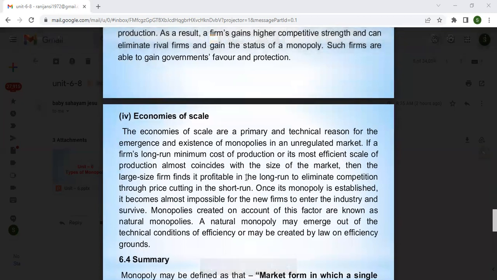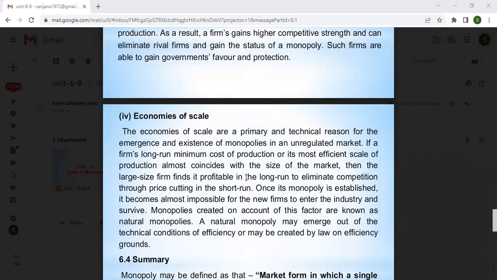Last one, economies of scale. The economies of scale are a primary and technical reason for the emergence and existence of monopolies in an unregulated market. If a firm's long run minimum cost of production, or its most efficient scale of production, almost coincides with the size of the market, then the large size firm finds it profitable in the long run to eliminate competition through price cutting in the short run.